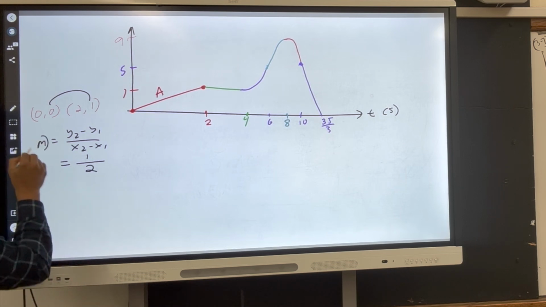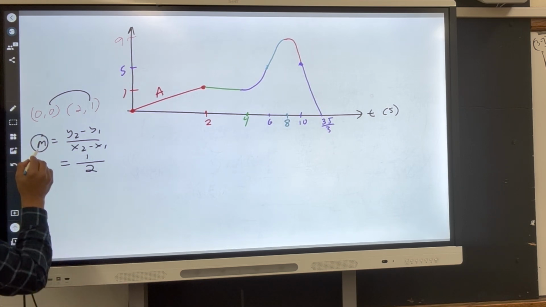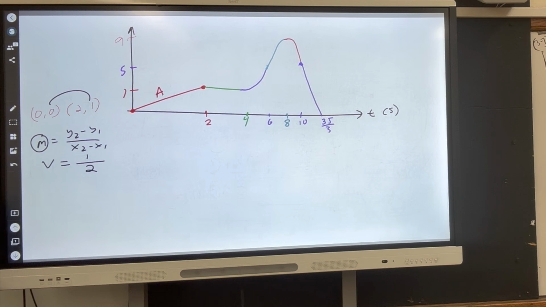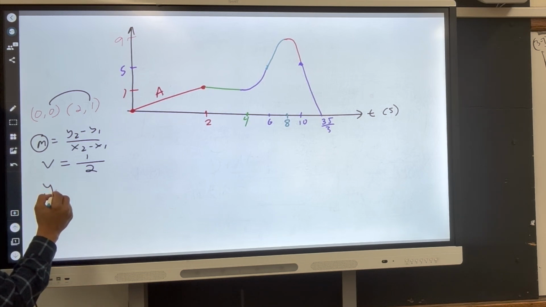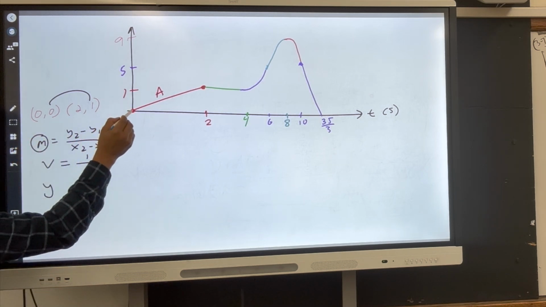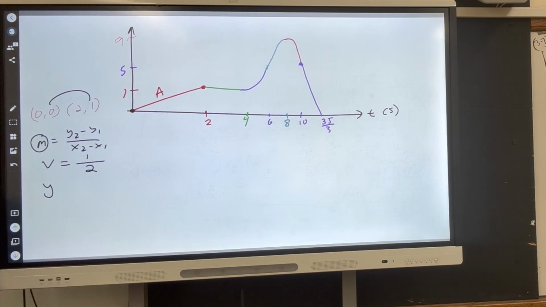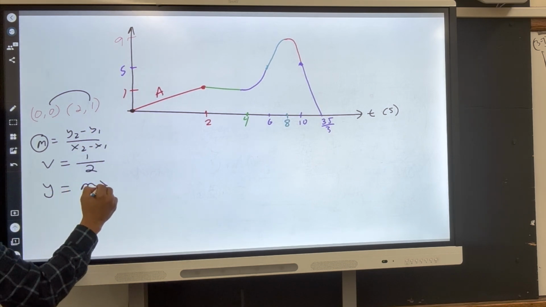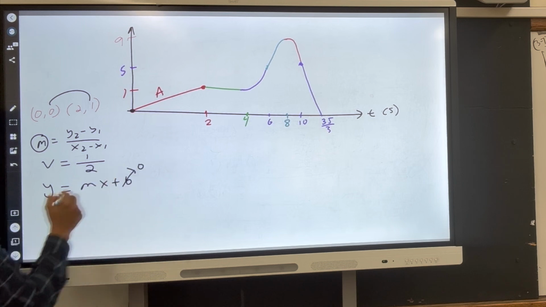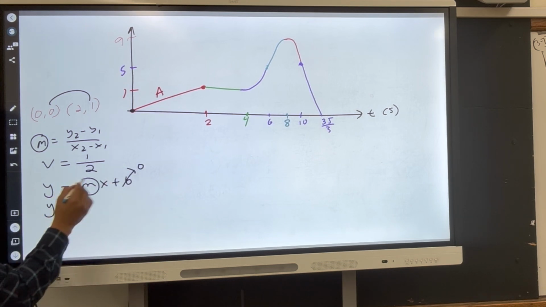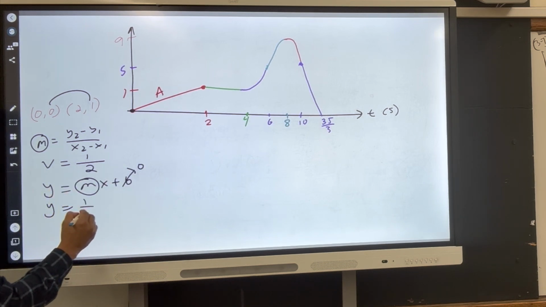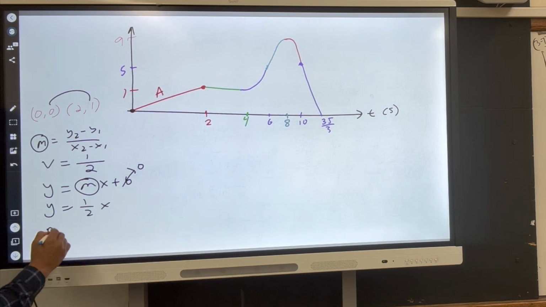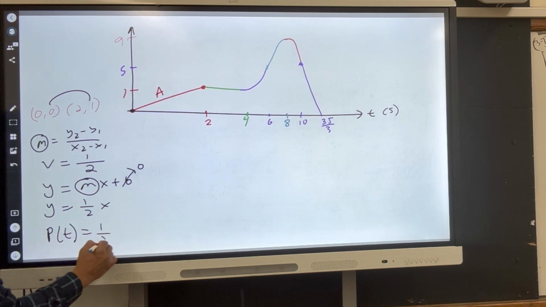So slope is 1 over 2, and slope is velocity. So velocity is 1 over 2. As you see, the y-intercept is 0. So y equals mx plus b, b is 0, so y is equal to half x. So p of t is 1 over 2t.